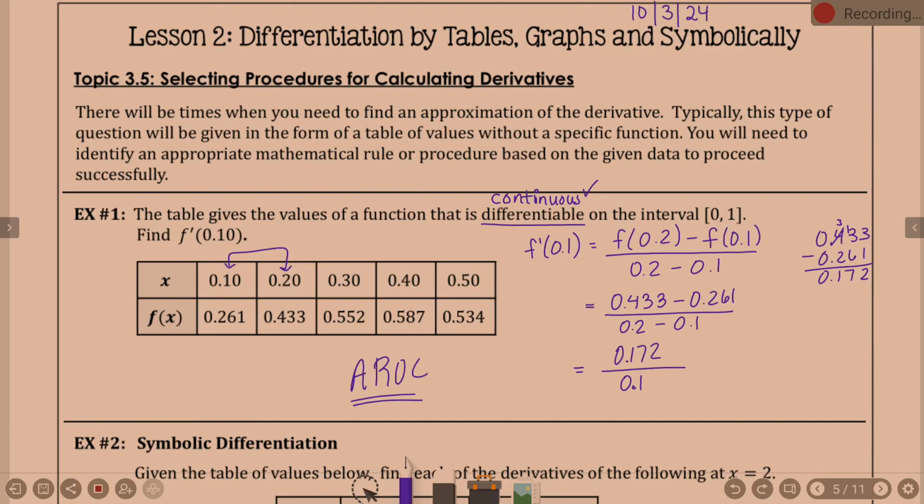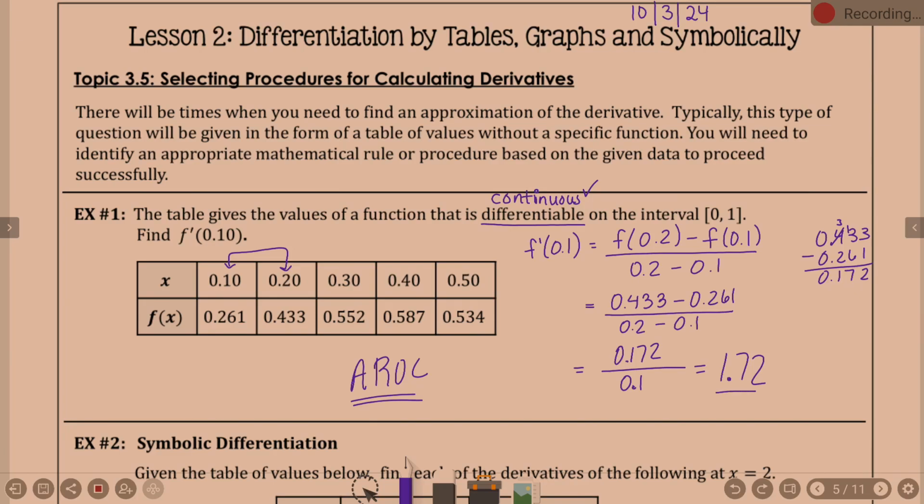It's positive minus a smaller number, so it is positive. 0.172 divided by 0.1. What happens when you divide by 0.1? You move the decimal over, yes? And so we're going to move the decimal over, and this is going to become 1.72.